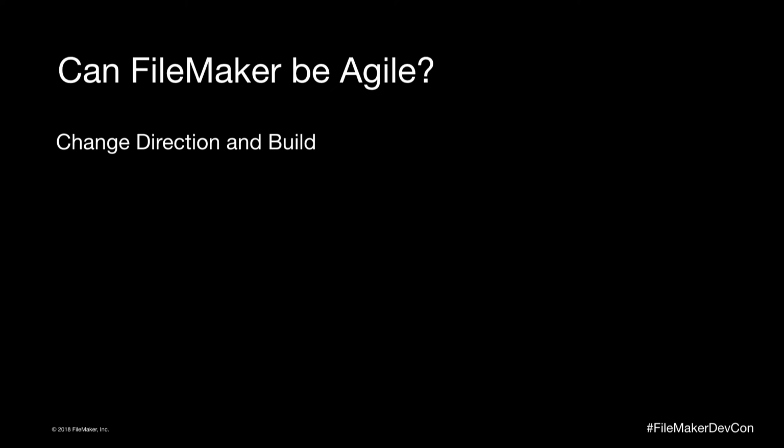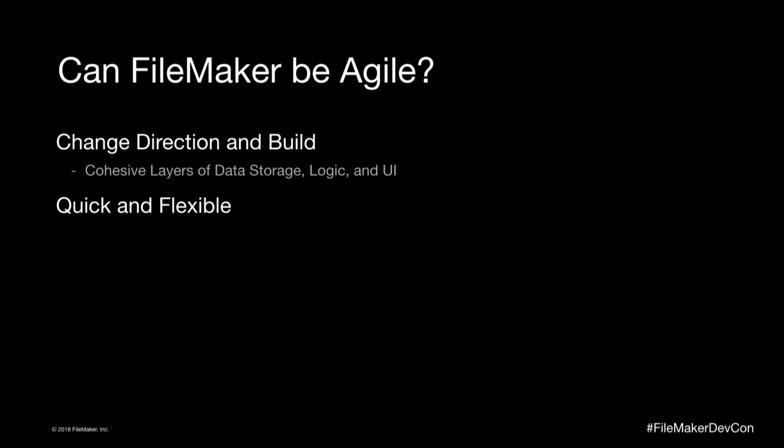According to being an Agile platform, we have to be able to change direction and build very quickly. So we know in FileMaker that we have the cohesive layers of data storage, logic, and UI. So if we have to make any change at all, you can quickly make that change, and you only have to do it once. You don't have to make the change in multiple places. So we already know that the FileMaker platform allows us to be Agile in its nature.